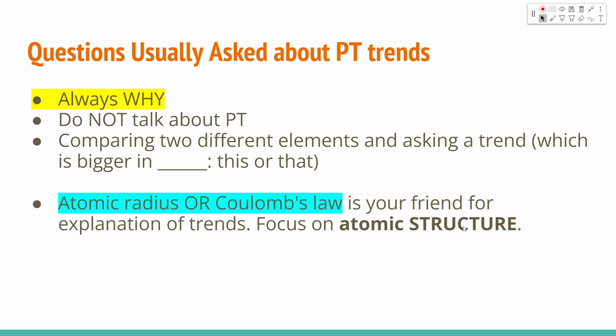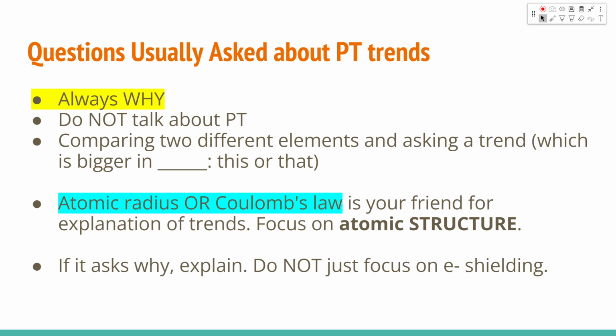You want to focus on the structures, electrons, whose protons, whose nucleus are we talking about? Be specific. Again, explain why. You can obviously talk about electron shielding a little bit, but do not just focus on electron shielding. You want to talk about those attractions between protons, between electrons, and so on.